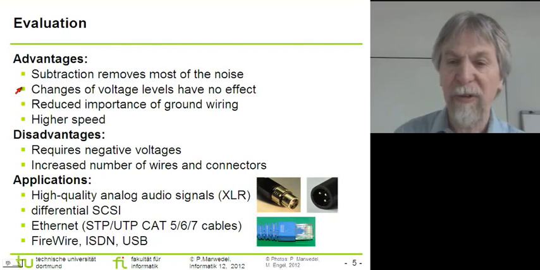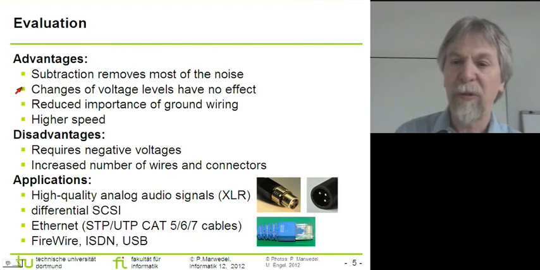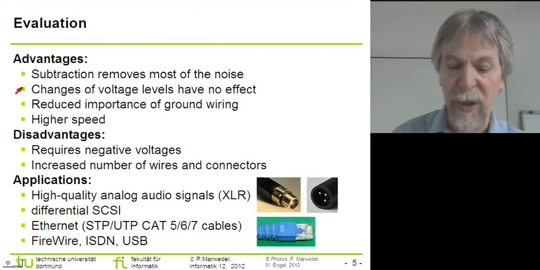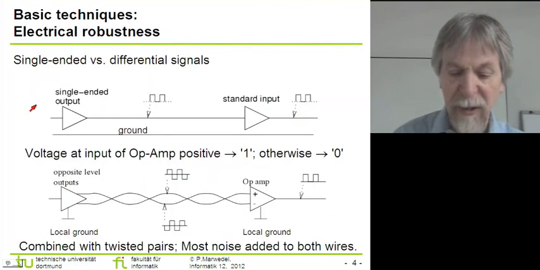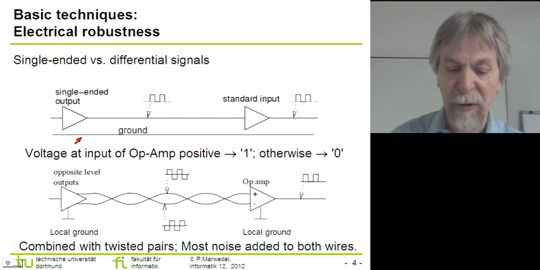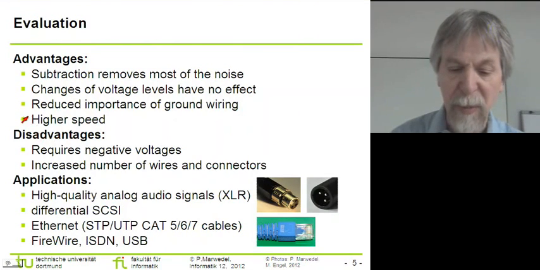Subtraction removes most of the noise. Then furthermore, with this organization, changes of the voltage levels have no impact because we don't have to make up our mind whether some intermediate voltage reflects a logical 1 or a logical 0. Furthermore, there is a reduced importance of ground wiring. In this single-sided scenario, we could have a situation where there is a very high current flowing across this ground wire, and as a result of that, there could be a certain voltage between the 2 ends of the ground wire, and this would really interfere with the reception of the signal over there, and therefore ground wiring can be a problem there.